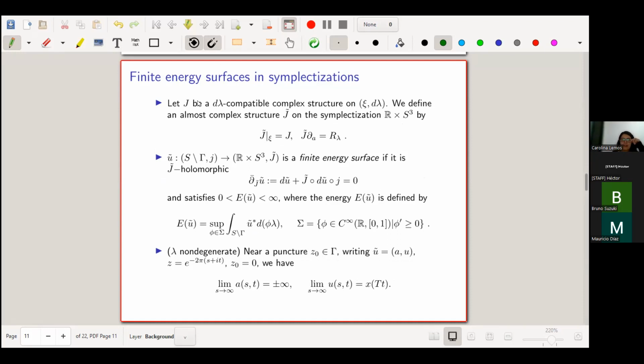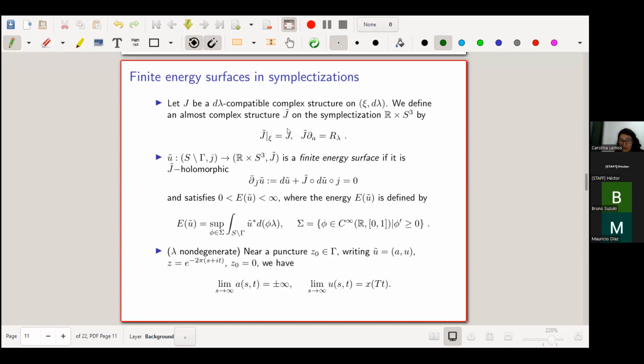Given the lambda-compatible complex structure J on the symplectic bundle given by the contact structure, we can define a special almost complex structure on the symplectic manifold R cross S3, or R cross M for any contact manifold, that is specially defined for our purposes.